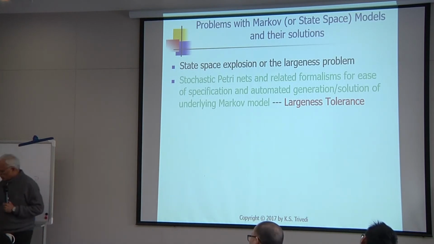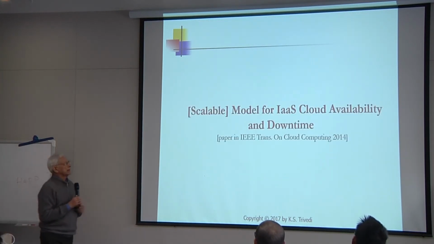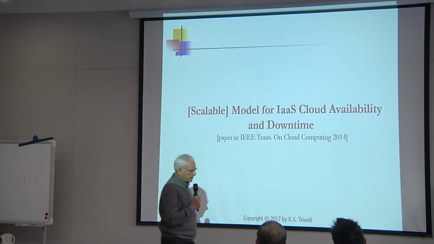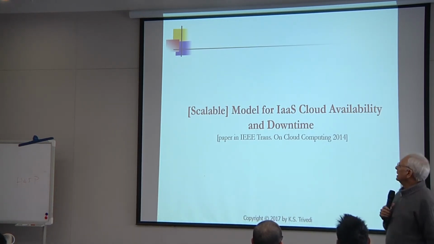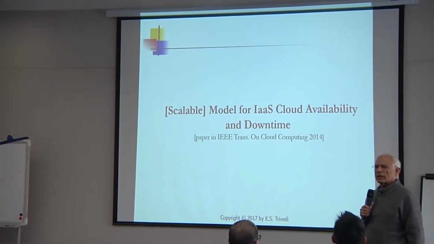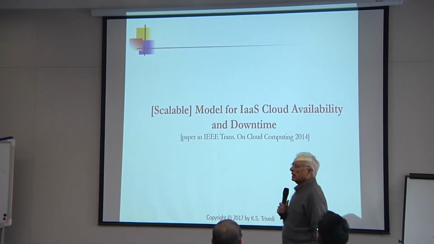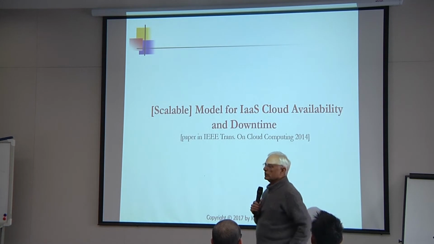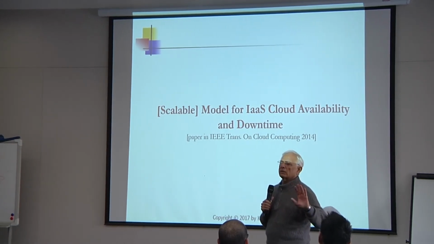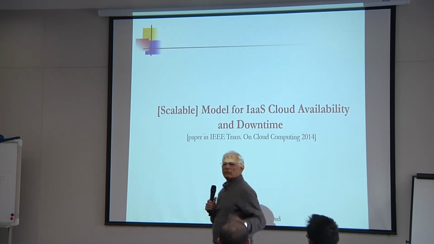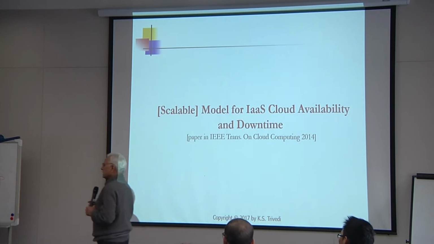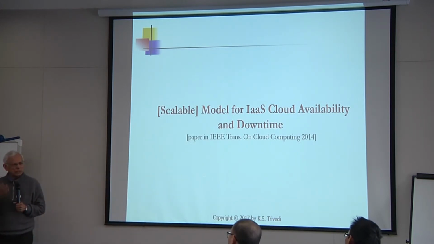So let me describe to you the next problem that I dealt with, again from IBM. The IBM Research Cloud around 2010 or so, this is what they described the Research Cloud to be, which we capture in an availability model and separately in a performance model and so on.